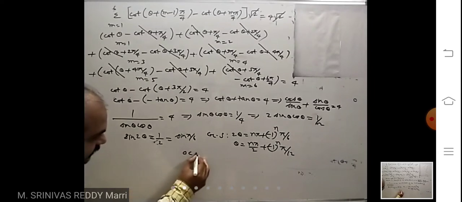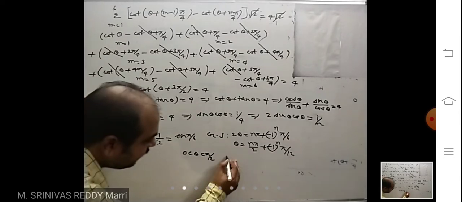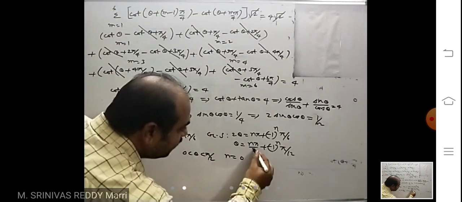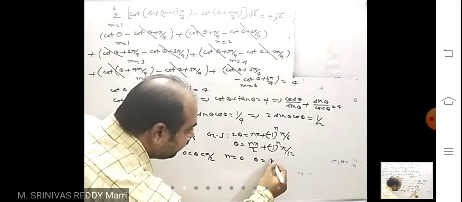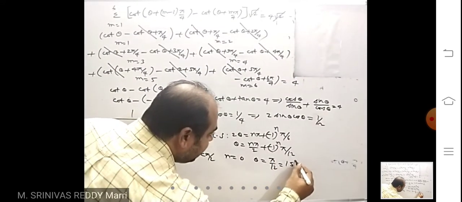Now he is asking for the solutions in 0 to pi by 2. That means 0 to 90 degree. n equal to 0, you substitute. Theta equals 0 plus minus 1 whole power 0 is 1, pi by 12. Pi by 12 means 15 degree.